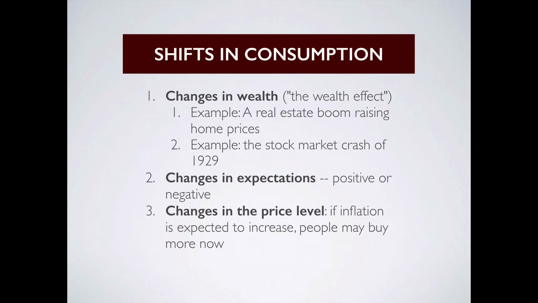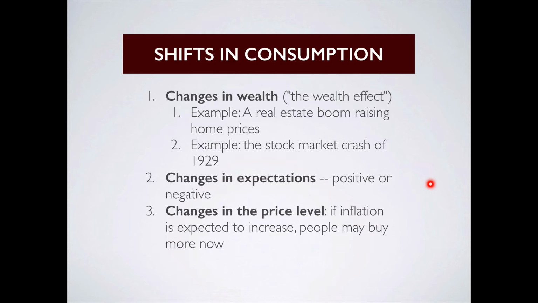Back to the wealth effect, the one that Keynes referred to, of course, is the stock market crash of 1929. We're all moving in the opposite direction. The total amount of wealth falls, and this makes people feel a lot worse psychologically. It starts to create negative expectations.